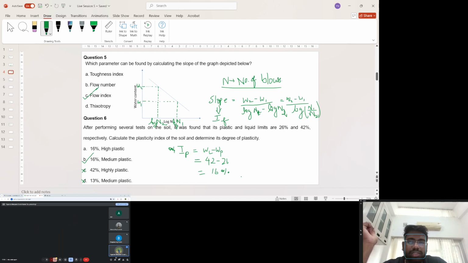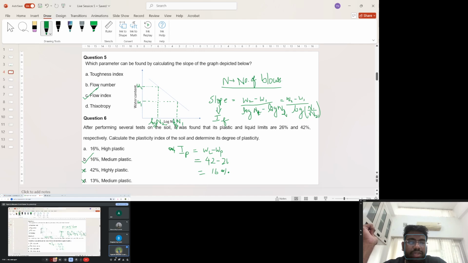One more thing: if you want to classify further based on whether it is a silt or a clay, you have to calculate the theoretical plasticity index, which will be given in the A-line chart. There is a question based on that, so once it comes, we will discuss it.